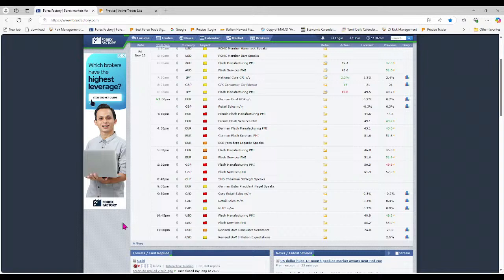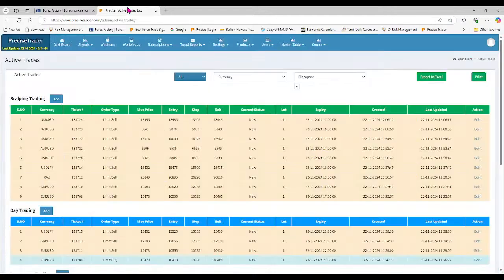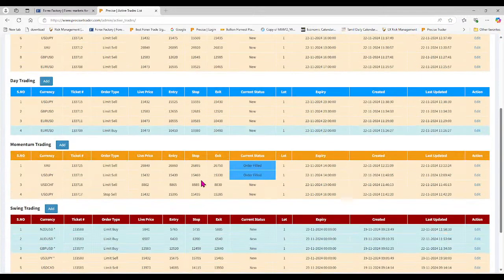So chances are that means we might get some big movement or choppy sessions as the data comes in. Okay, we will see. In fact, we are holding two trades as of now. We have shorted gold at 2686 and we are shorted dollar yen.